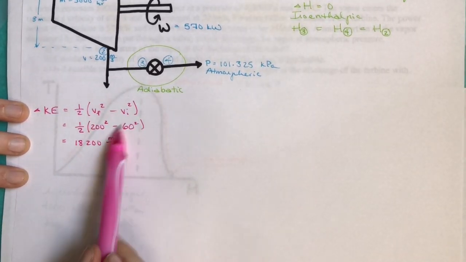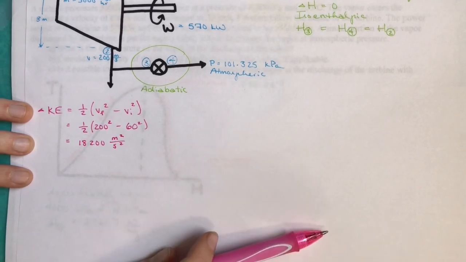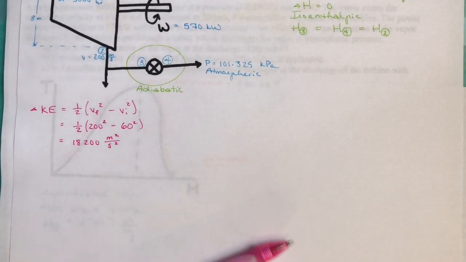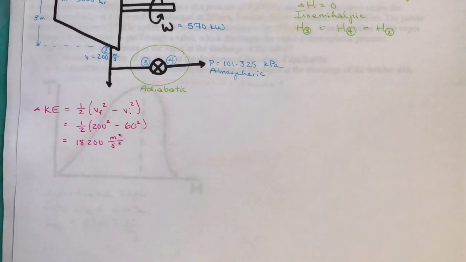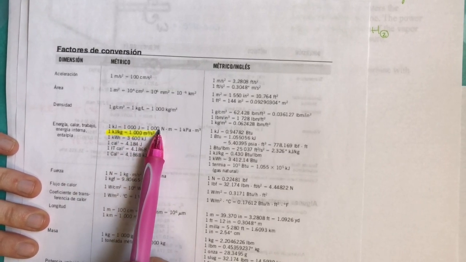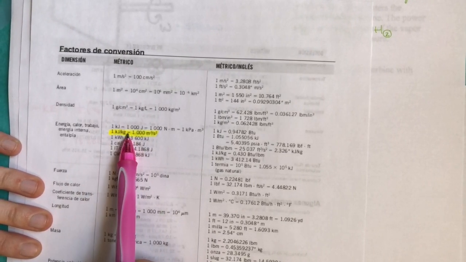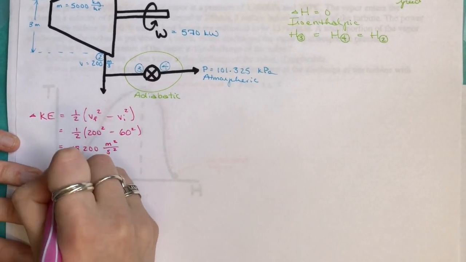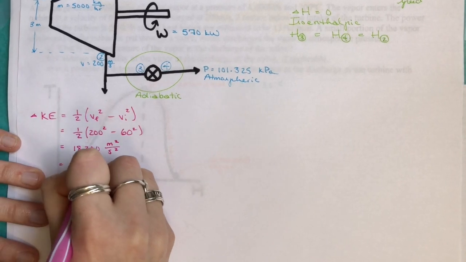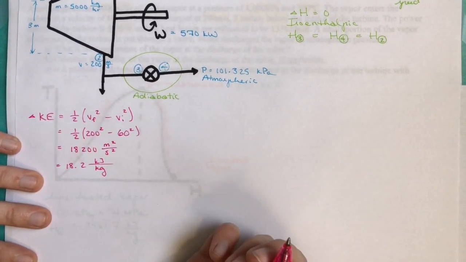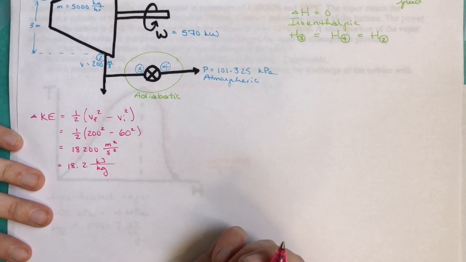But of course, we don't want it in these units because nothing else in our equation is in these units. We want kilojoules per kilogram. So if you look in a common table of conversions like I have here, we can see that 1,000 meters squared per second squared equals 1 kilojoule per kilogram. So this is going to be our conversion factor. So 18.2 kilojoules per kilogram is our delta kinetic energy.